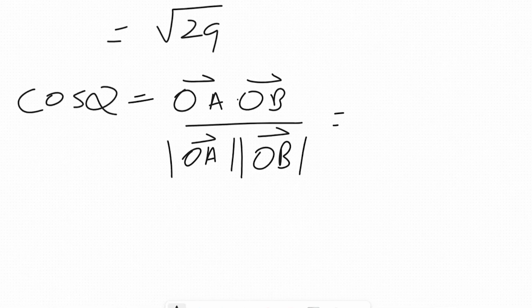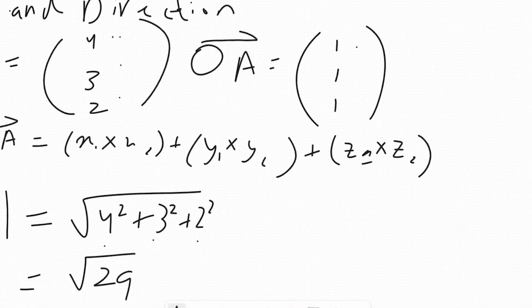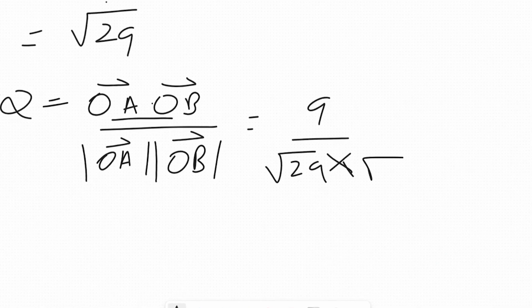If we calculate this, we got this one as 9. This is square root of 29 times the magnitude of OA, that is simple, square root of 1 square plus 1 square plus 1 square, that would be 1 plus 1 plus 1 is 3, square root of 3.